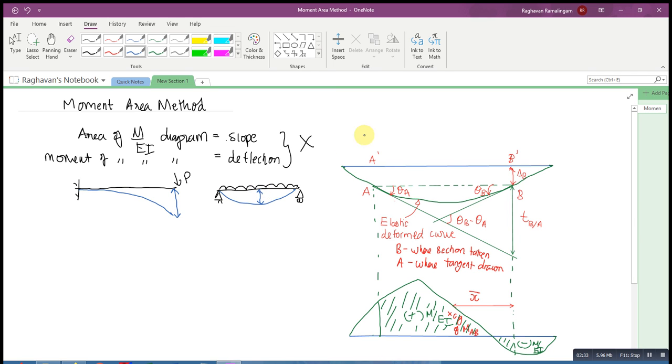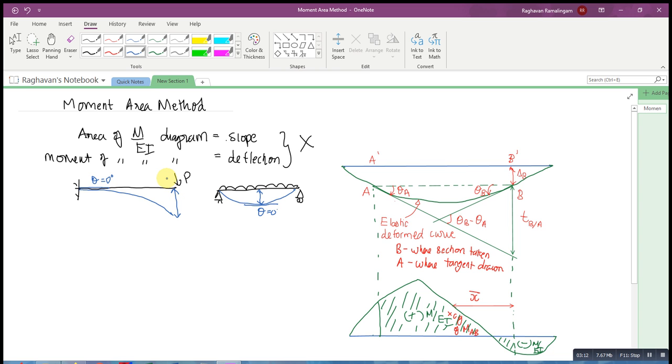And for this case, the slope here is 0, and for this one the slope at this end is 0. It just so happens that in these two cases, if you find the area of the M by EI diagram about this end or about this middle point, you end up getting the slope and the deflection of the beams.